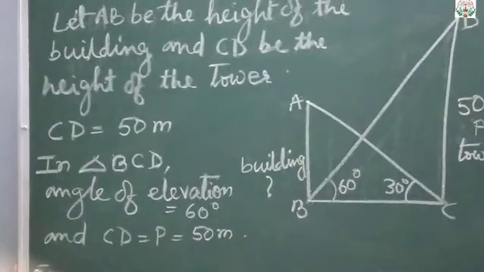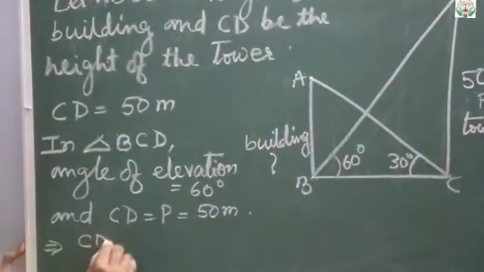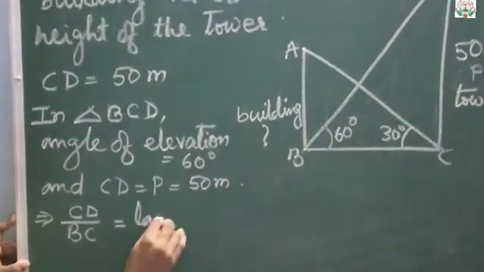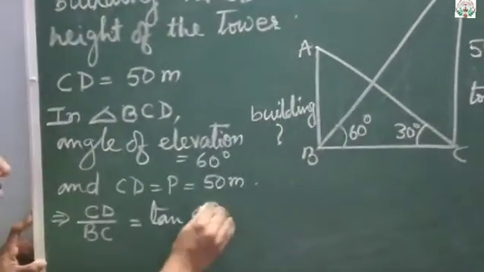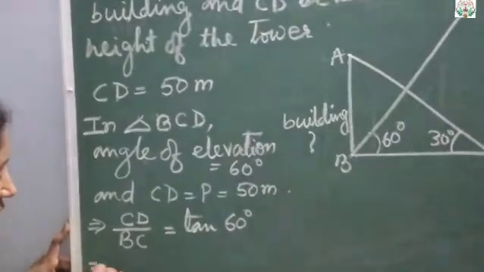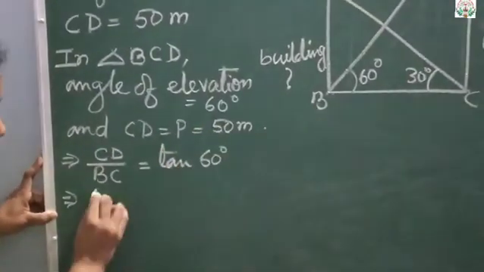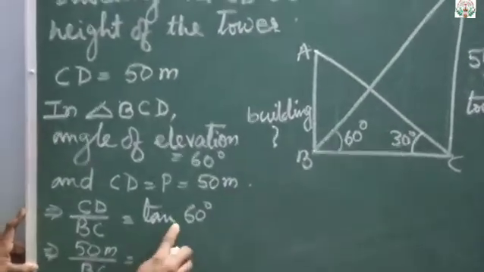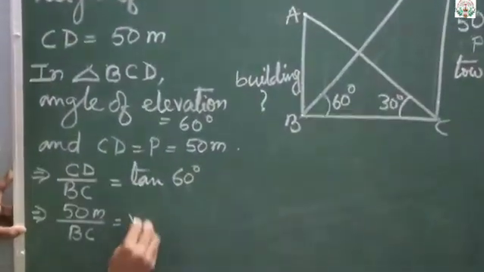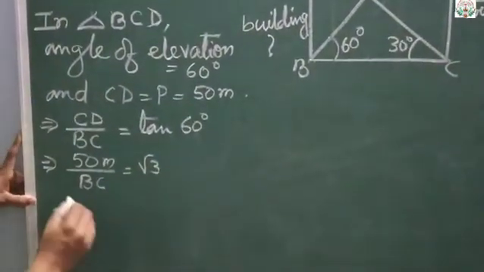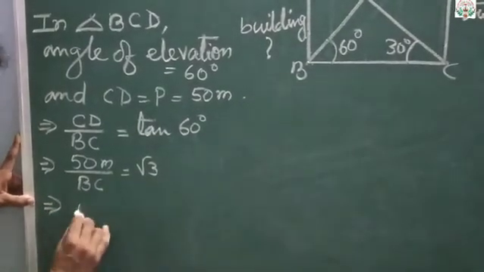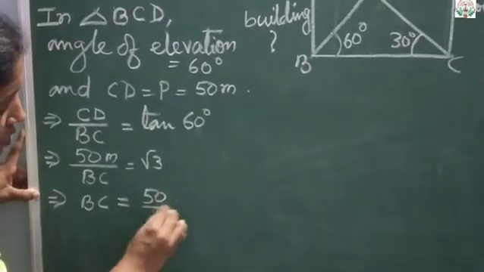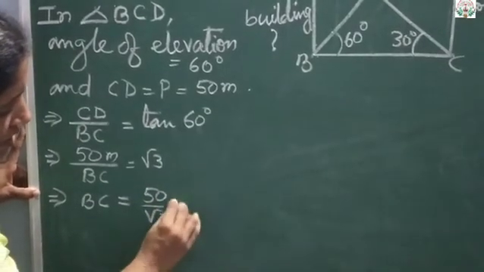Okay, so we can write here CD upon BC equals to tan 60 degree. Okay, which implies, put the value, CD is how much? 50 meter upon BC equals to tan 60 is how much? Root 3. So now BC, cross multiply and get, that is 50 upon root 3 meter.